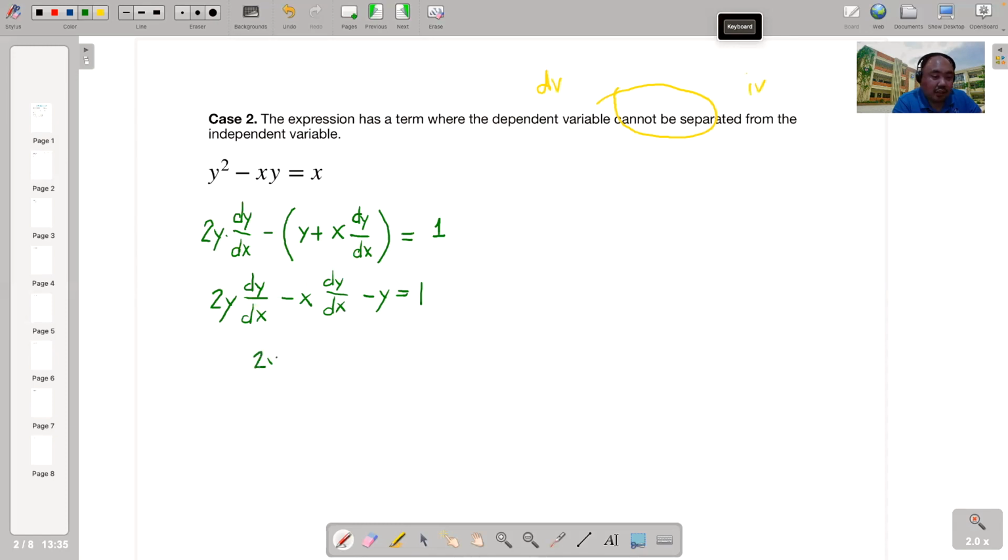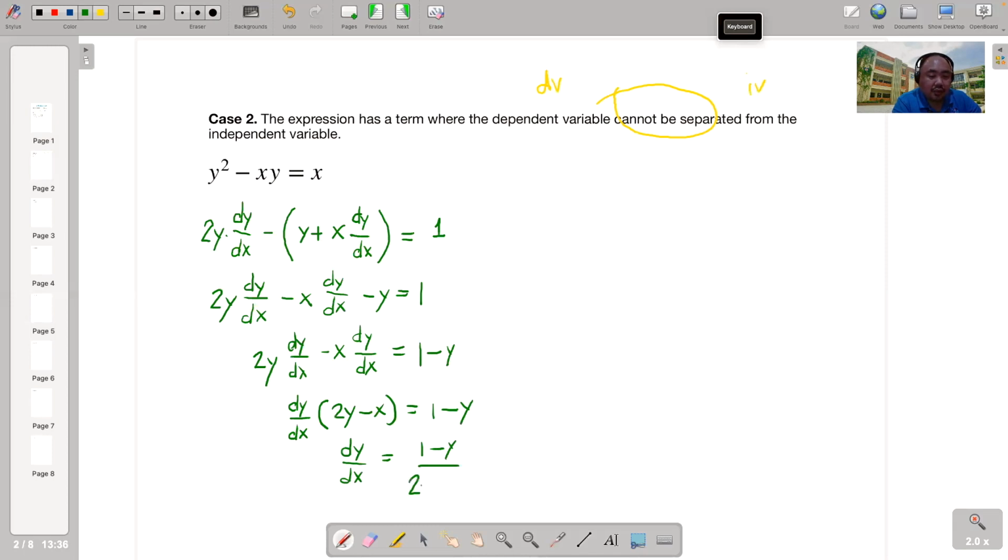We get 2y dy/dx minus x dy/dx is equal to 1 minus y. And then we take out by factoring dy/dx, you get dy/dx times (2y minus x) is equal to 1 minus y. And so finally you will have dy/dx is equal to (1 minus y) all over (2y minus x).